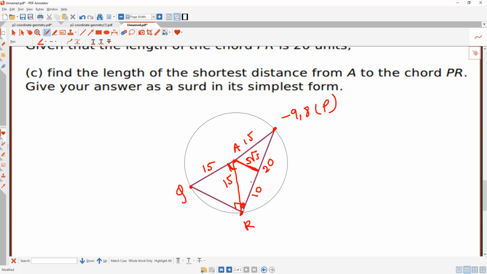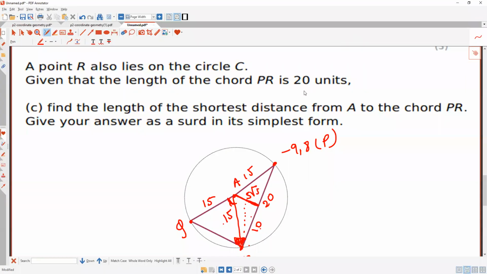If I can find this angle and minus it from 90, I will get my answer. So find opposite upon hypotenuse or adjacent upon hypotenuse or opposite upon adjacent. Do whatever you want. Minus it from 90, you will get ARQ. Clear? Do it. Pause the recording.